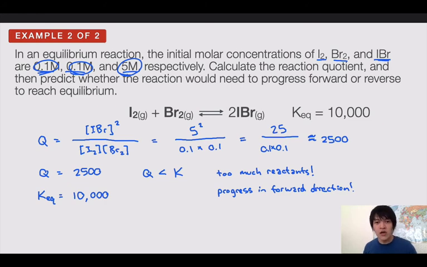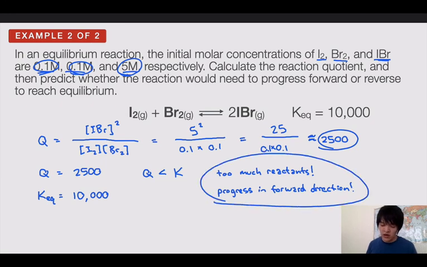Right? So it's not equilibrium. You need to go in the forward direction to make more products. Once you make more products, then it's going to be at a more equilibrated state. So there's our Q value, and here's our answer to what the system would do since it's not at equilibrium.